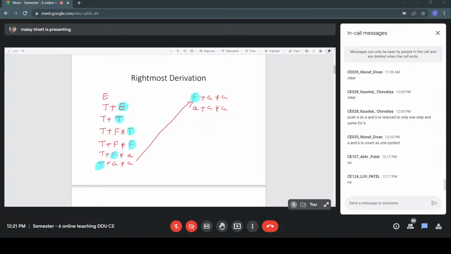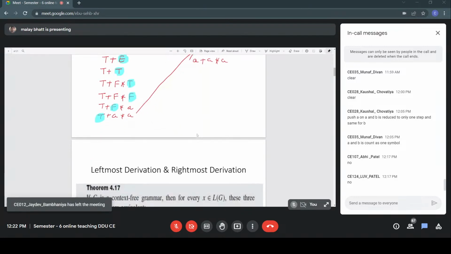The rightmost non-terminal is E, so we'll write T plus T. Now for this rightmost non-terminal T, we'll write T plus F into T. Then the rightmost non-terminal is the last T, so we'll write T plus F into F. Then F is converted to A, so we'll get T plus F into A. Then the second symbol F is the rightmost non-terminal, so we'll write T plus A into A. For this T, we'll write F plus A into A. And finally, we'll get A plus A into A. It is the rightmost derivation.